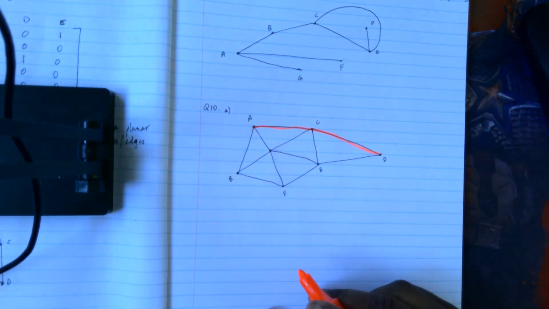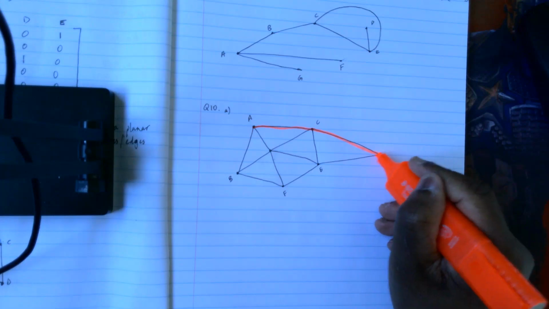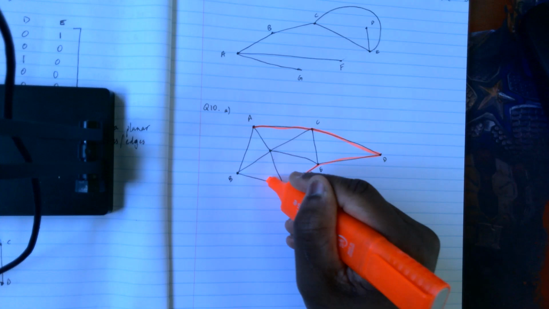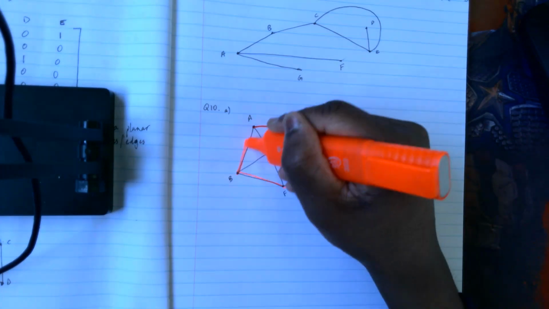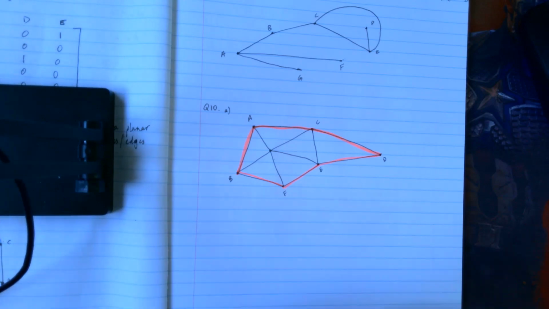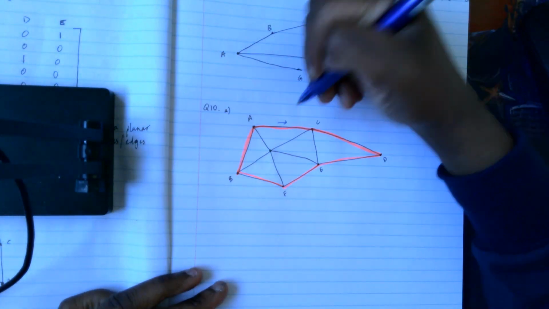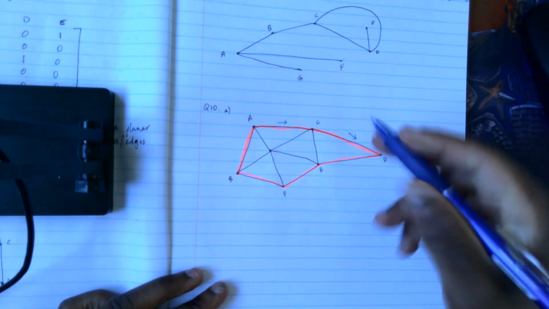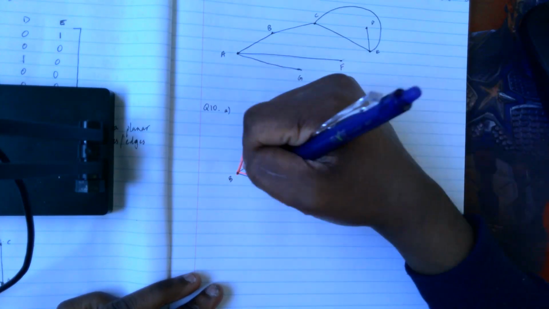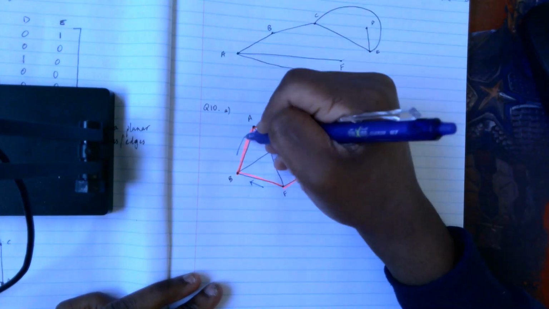So you go from A to C, C to D, D to E, E to F, F to B, and then back to our starting point A. You don't have to do this, but I'm just drawing in the arrows so we know which way we went and where our start is.